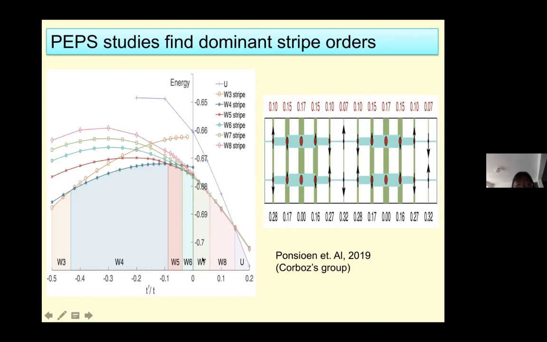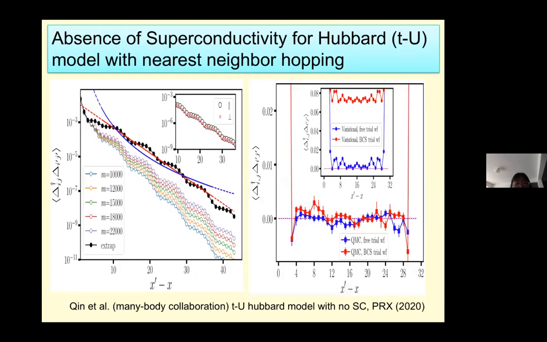In some regions, they also have weak superconducting order parameters, indicating stripes coexist with quasi-long-range superconducting order.